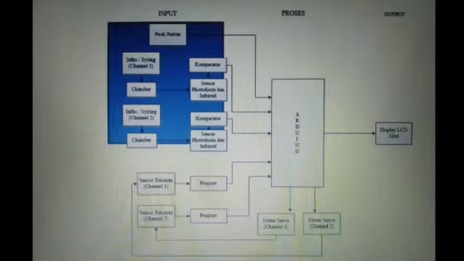Then press start. Water in the infuse or syringe pump will flow to the chamber. The water that flows in the chamber will be detected by the photodiode and infrared sensor.